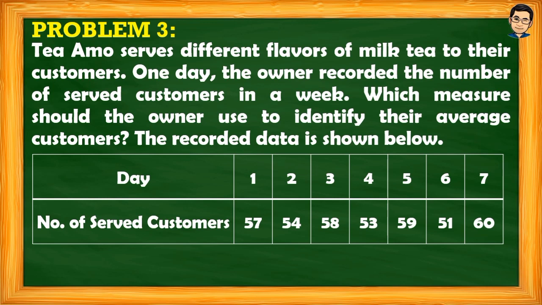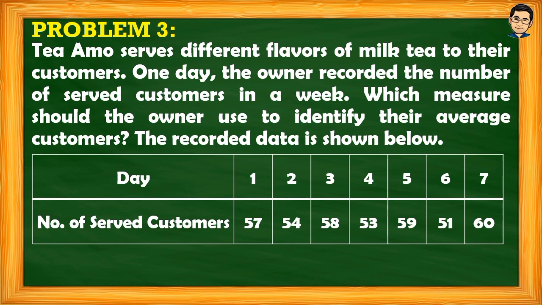Ayan, magkakalapit lang sila. So, wala tayong extreme values dito. Wala tayong mataas na number at mas maliit na numbers na nakahalo dyan. Pare-pareho lang sila, magkakalapit lang sila. Ayan, line of 5 lang sila. And then, meron lang tayong isang line of 6.